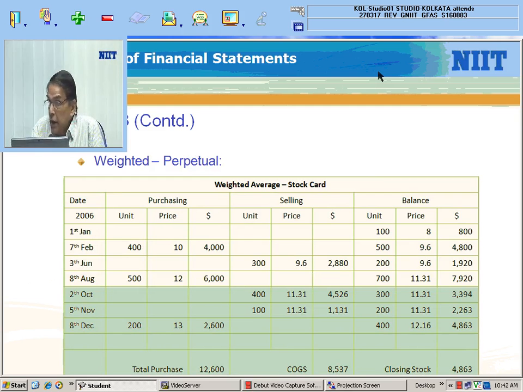There is a difference here, because you are working out the average cost at every point of time, and based on that you are calculating your cost of goods sold and closing stock. So in the perpetual inventory system versus the periodic inventory system, when you are using the average cost method, you can find a difference in the closing stock as well as cost of goods sold.